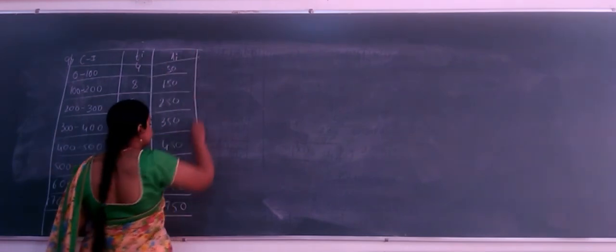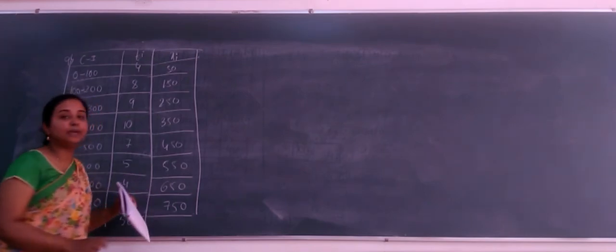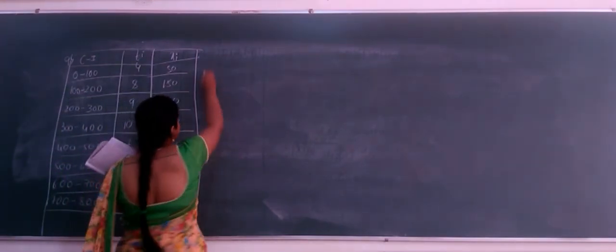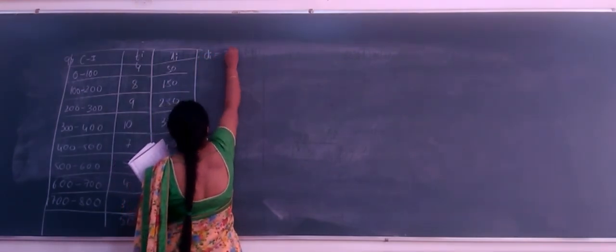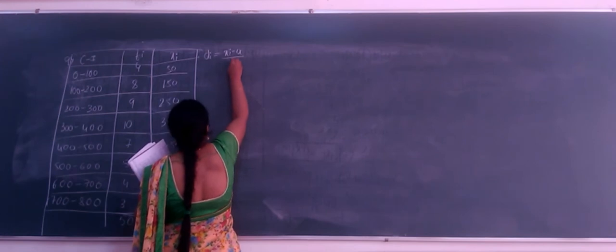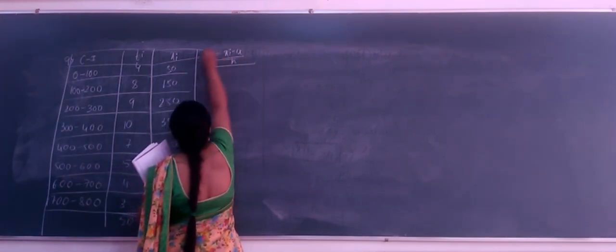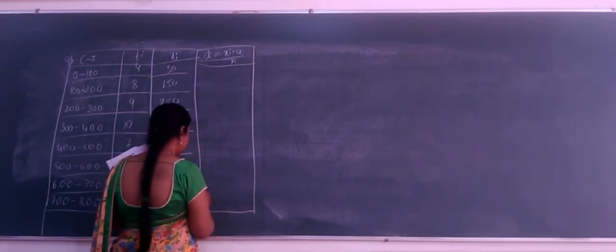So these are xi. Next, as here the xi are too big, I have used the step deviation method. That is, I have changed xi into di by xi minus a divided by h. This is already known to you, how to calculate this one, right?